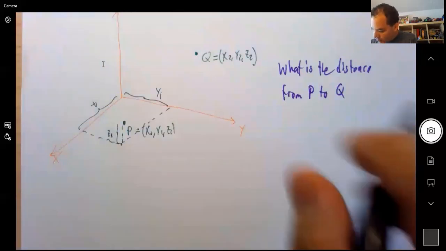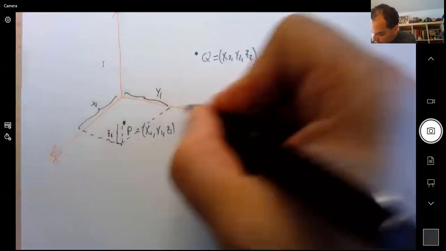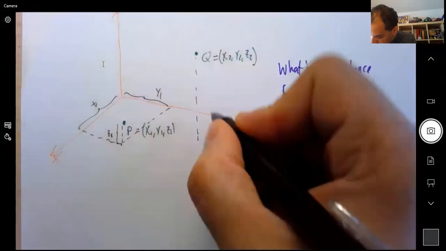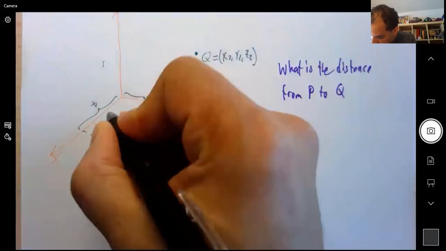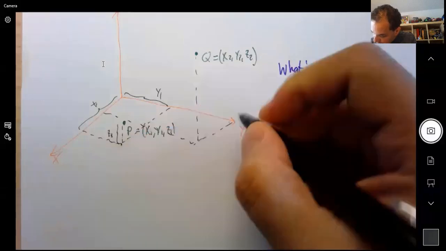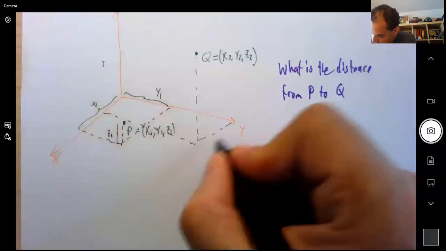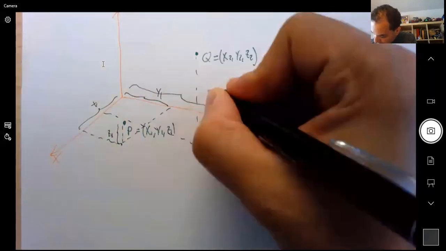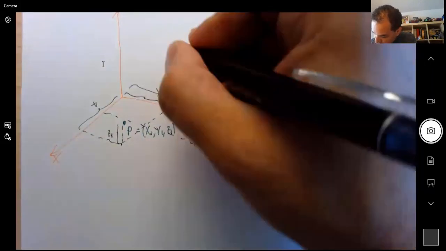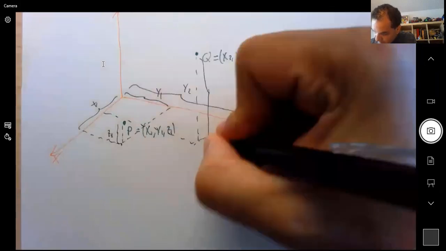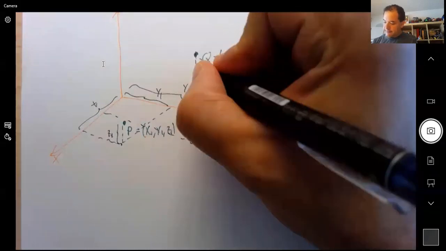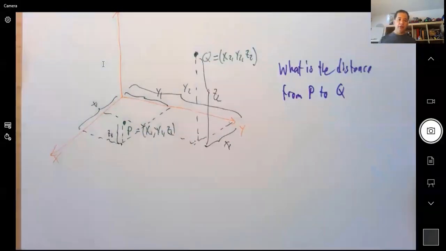And then for Q, maybe Q is like this, where this is x2, and here to here is y2, and this height is z2. Okay, so how can we figure out the length between those two?